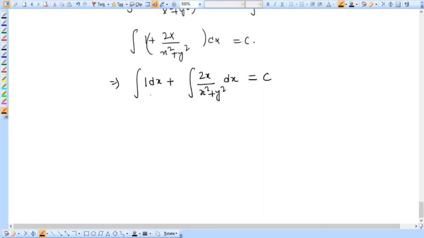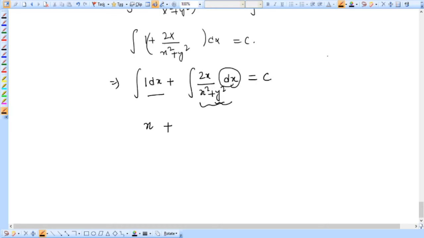Obviously integration of 1 dx would be x, and let us try to see what would be the integration of this. See, we are integrating with respect to x, so y square would be treated as constant here.